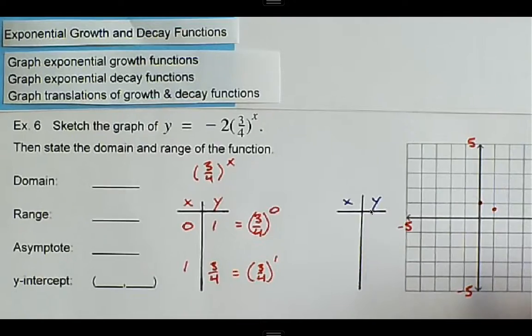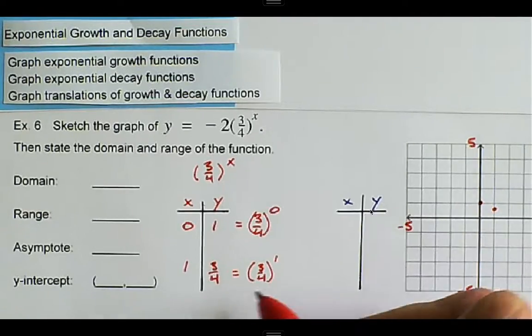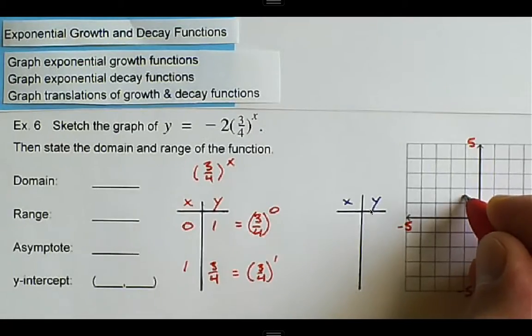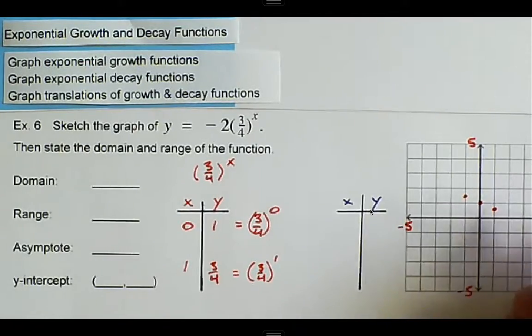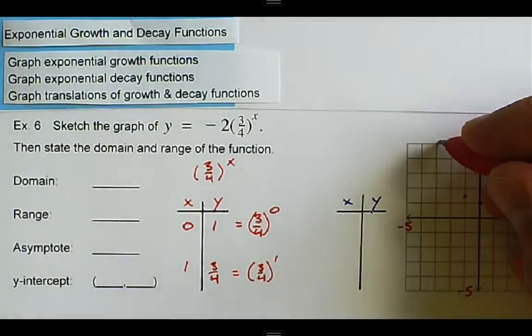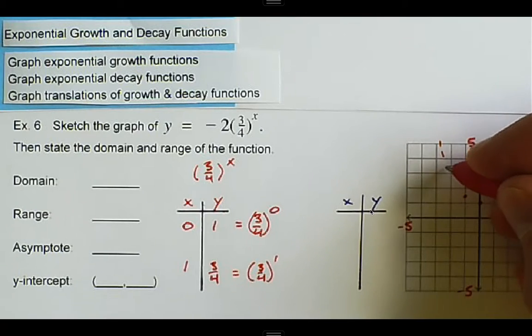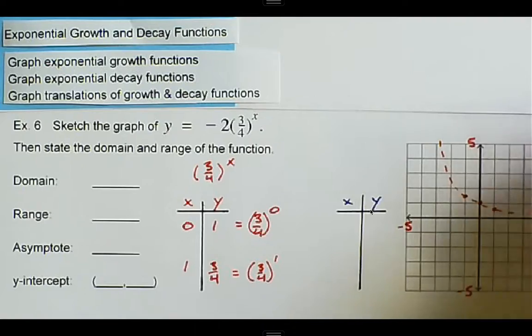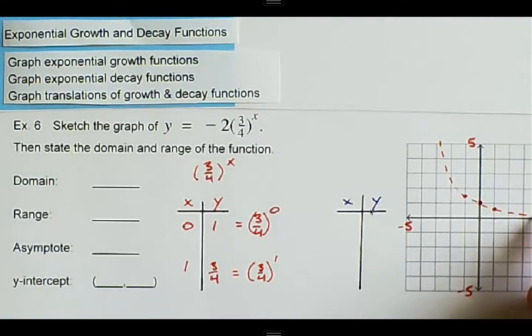If we were to plot -1, that would be 4/3, which would be just a little bit up there. And so we can have a function. This is not the answer, but this is what the function looks like here that we just calculated.